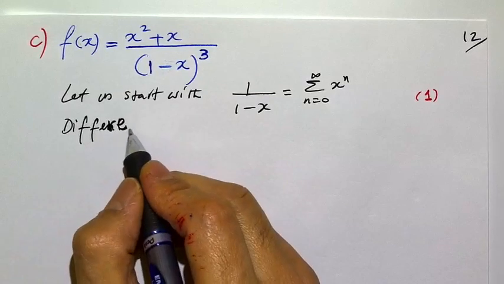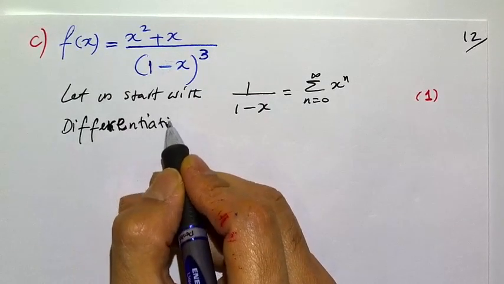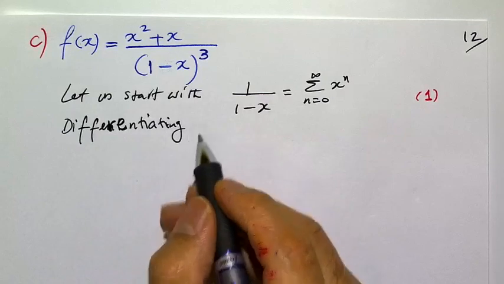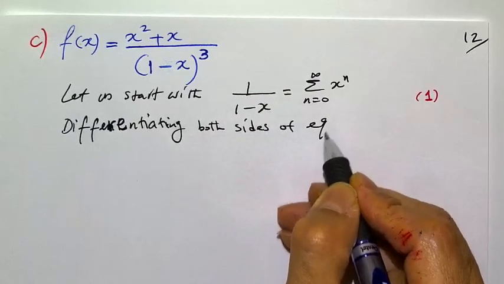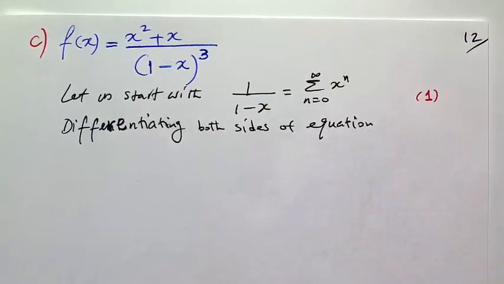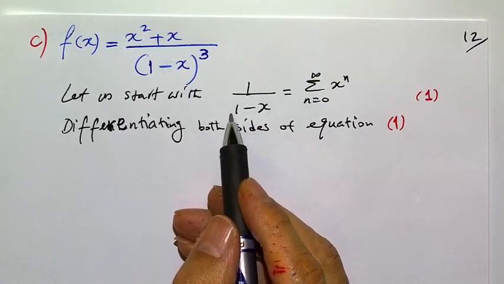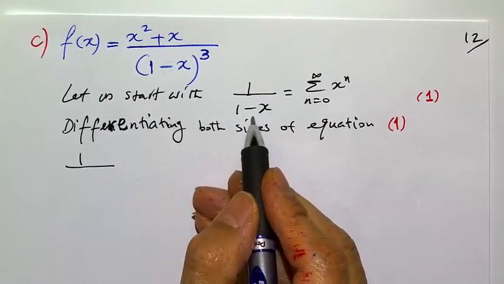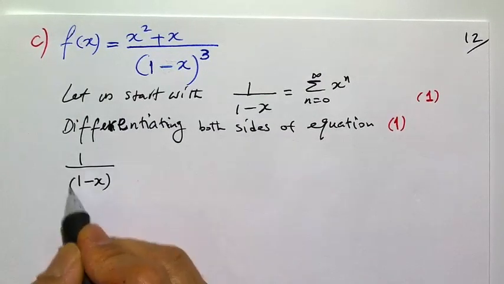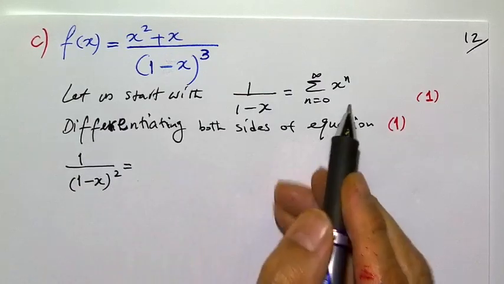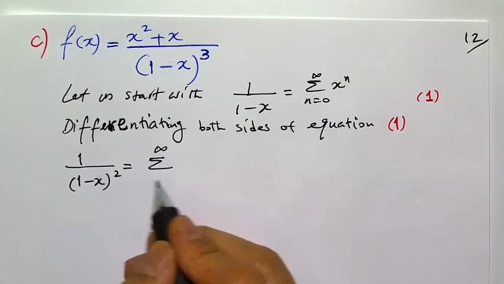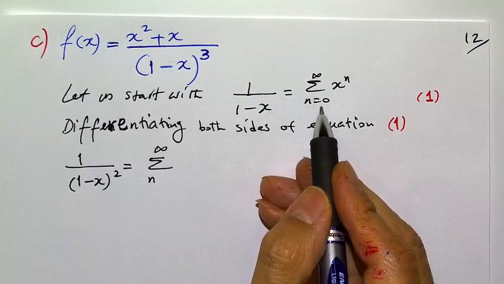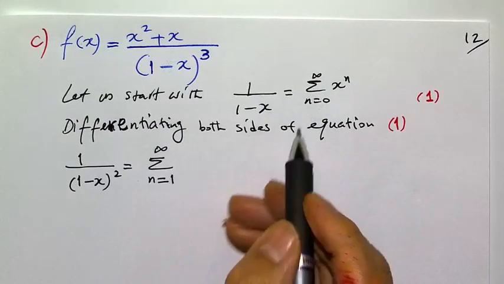So differentiating both sides of equation 1, as you saw, we end up with 1 over 1 minus x squared for the left side, and for the power series side we end up with, remember that the index goes up every time we obtain the next derivative.